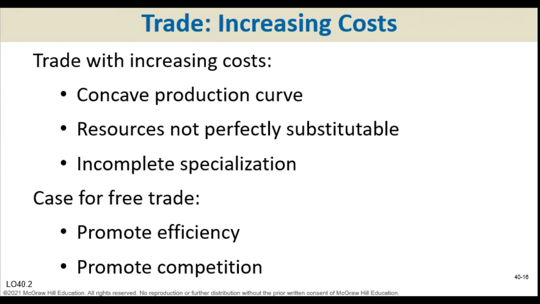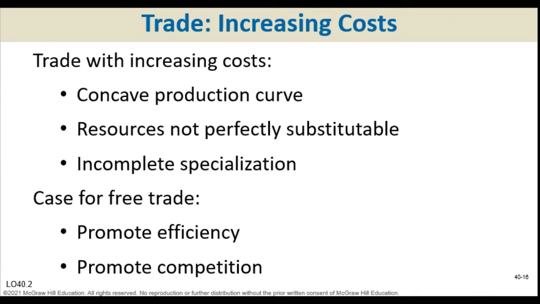Well, we were using a very simple example of two products and two countries. The review will be the same for any number of products and countries, right? In the real world, we are also faced with a concave production possibility curve instead of the linear one that we show in our analysis. This means that there are increasing opportunity costs in the real world.